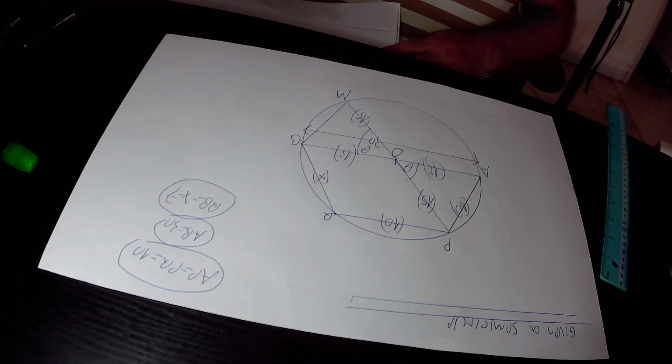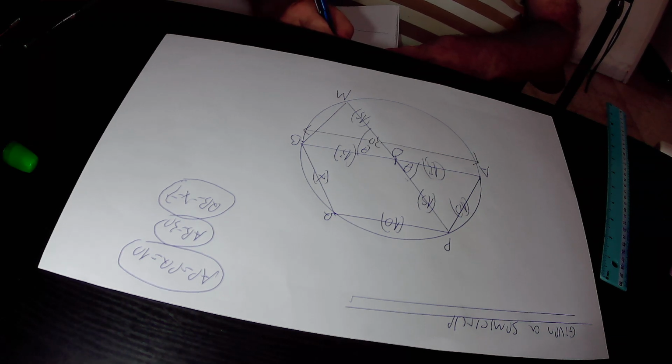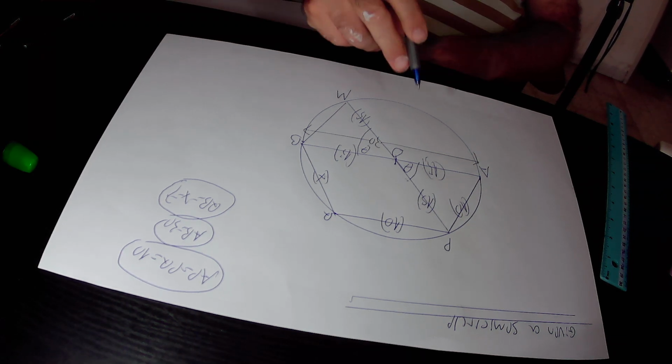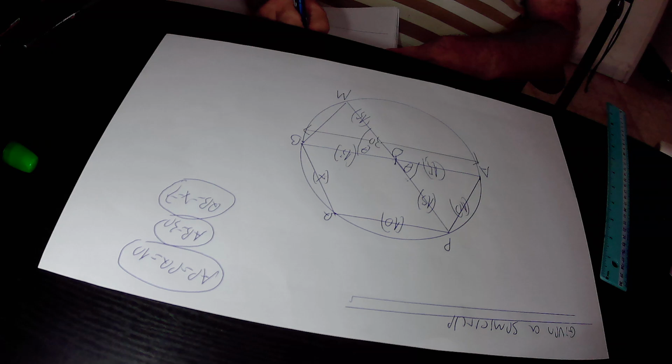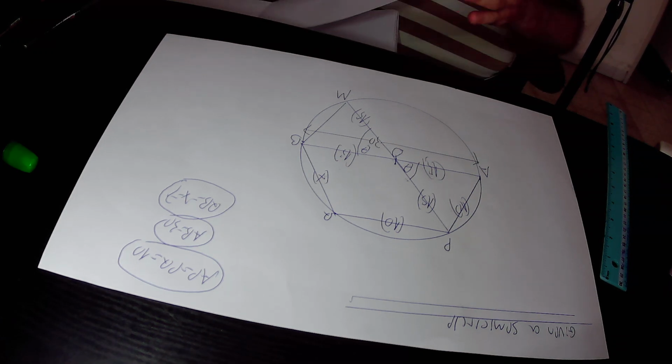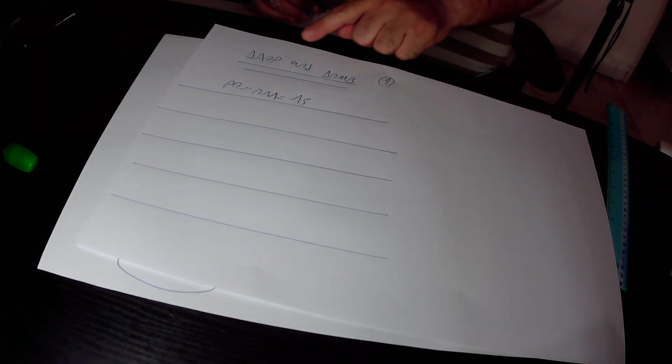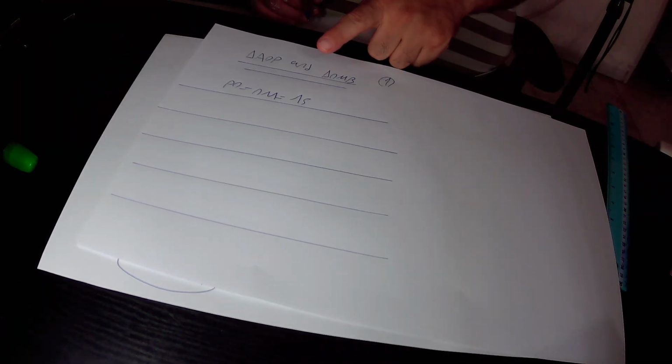So side PO of the triangle AOP is equal to side OM of triangle OMB. Both are radii of the circle equal to 15, therefore they are equal to each other.